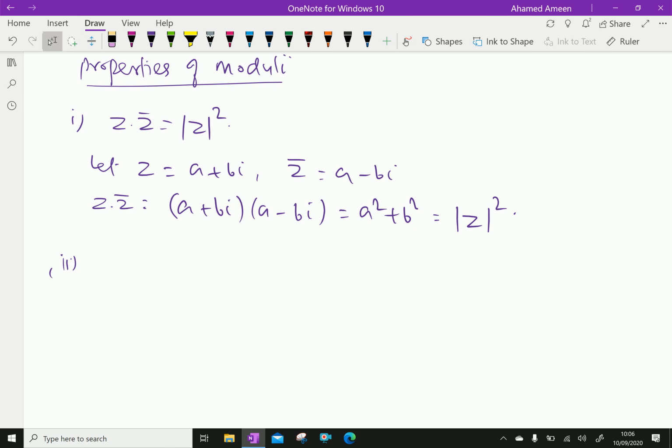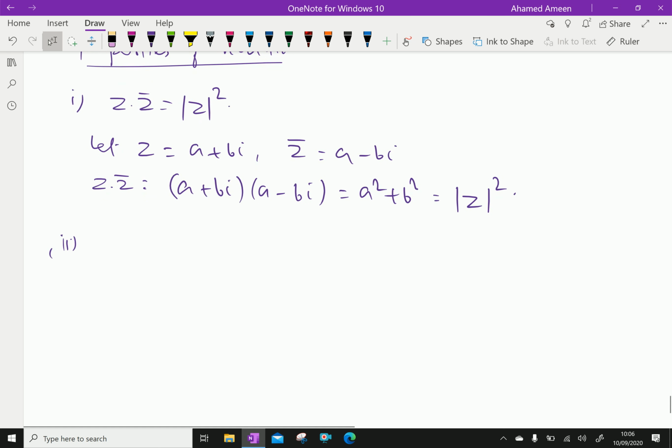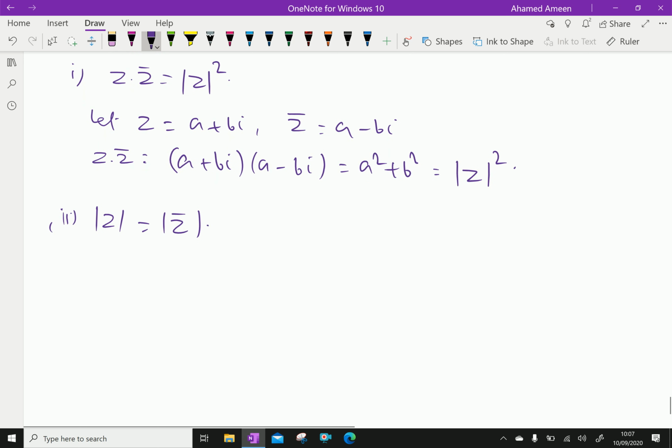The modulus of a complex number and that of its conjugate are equal. That means modulus of z is modulus of z bar. Let z equal a plus bi, then modulus of z is the square root of a square plus b square.